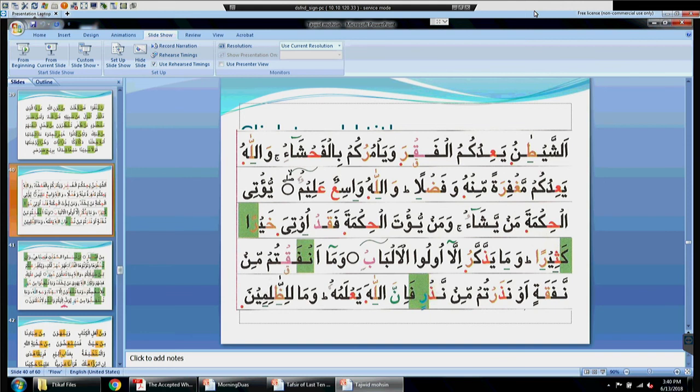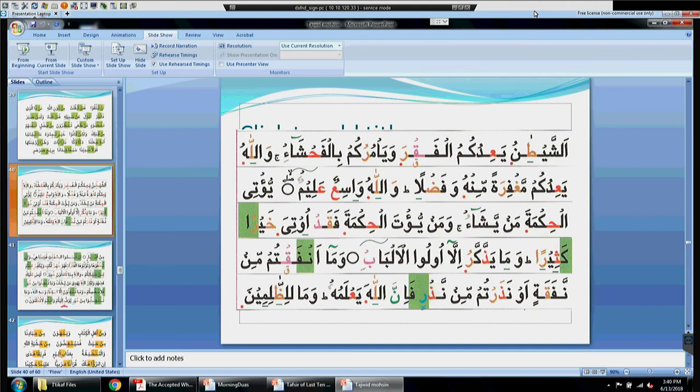Any hafiz over here? I forgot which surah, which ayah this is. Give me one second.